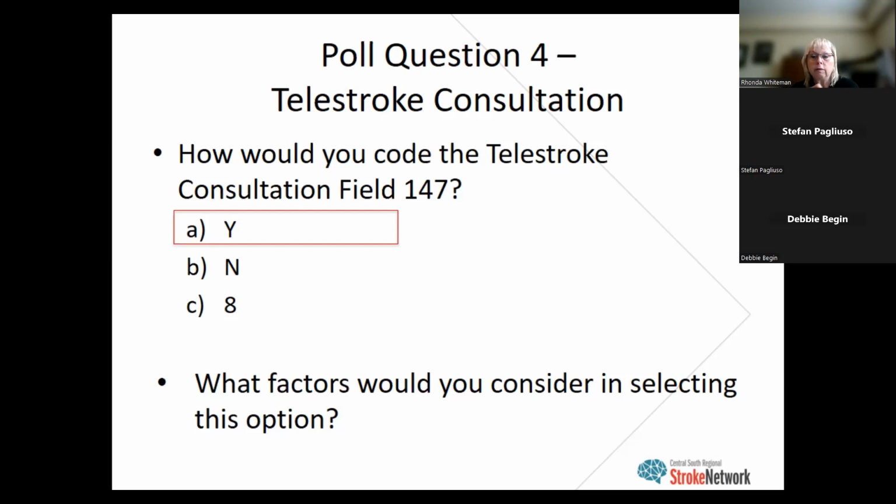At Grand River during the day, they're consulting their stroke team, but they would write telestroke and/or stroke through Criticall, and it would be documented in the physician's consult note. They may say OTN stroke neuro or other versions.